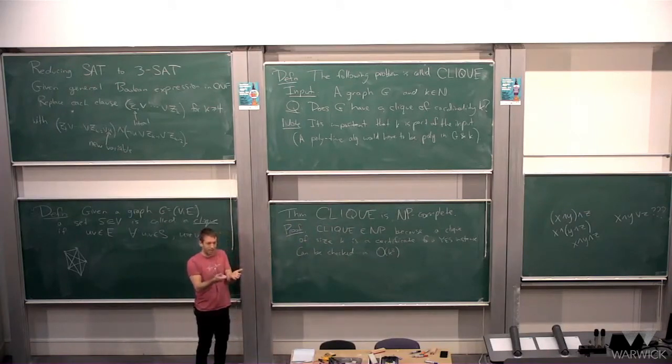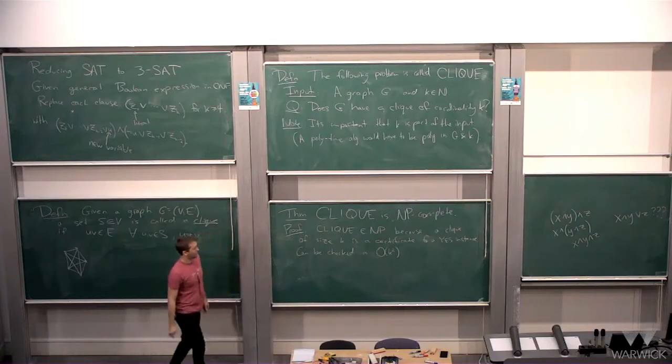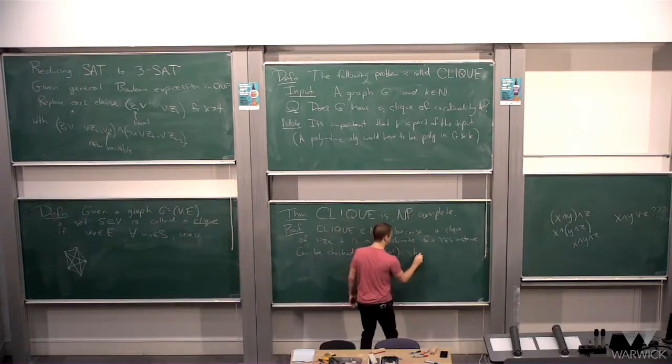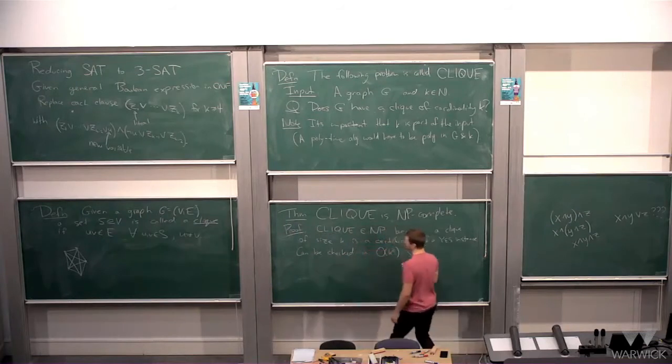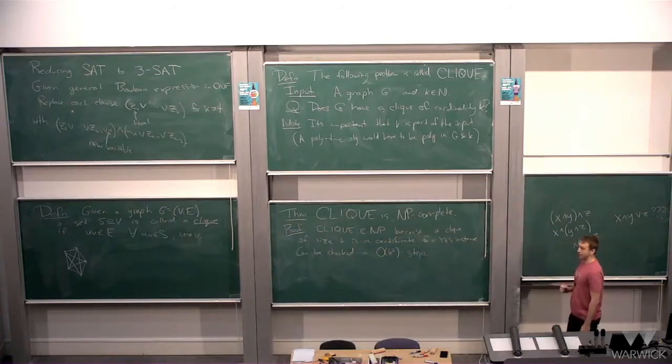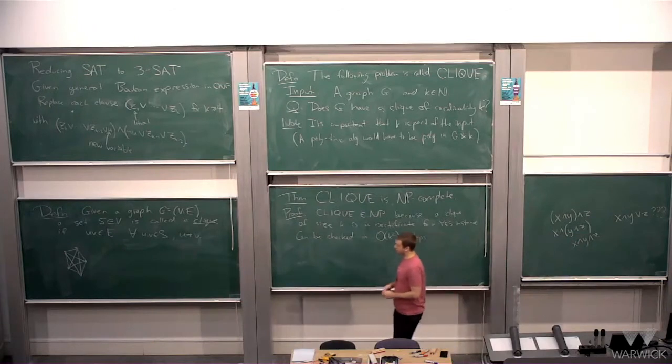That's k choose 2 steps, which is order k squared steps, which is polynomial in the size of the input because our input involves G and k. So now we want to show that it's NP-hard.